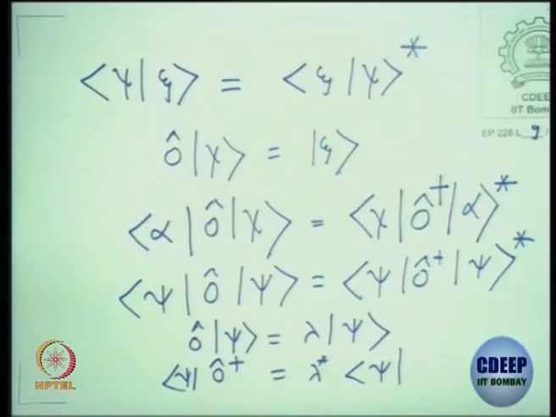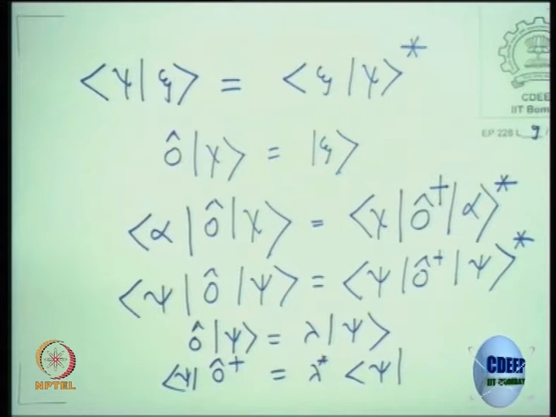Suppose I want to write psi O psi, and if you also insist O hat on psi is lambda times psi, for any operator lambda could be complex. So if I want to write psi on O dagger, it is lambda star on psi.